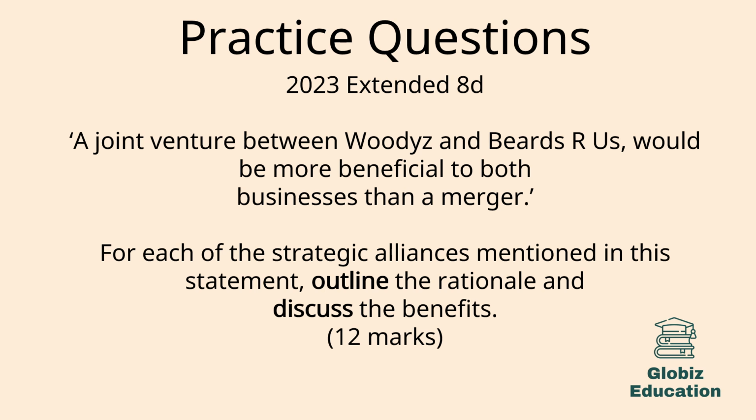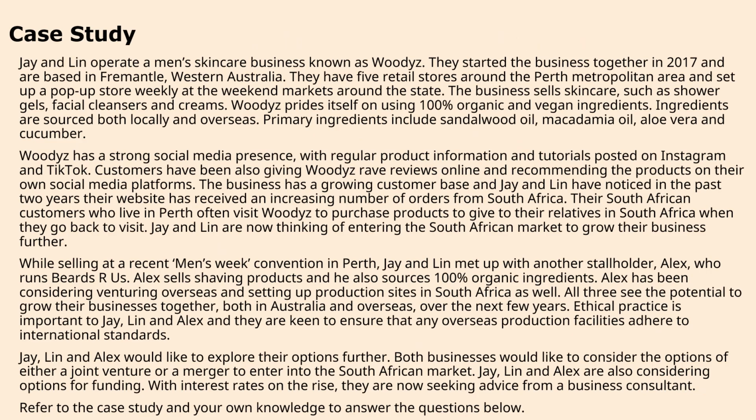You had to firstly outline the rationale for either a merger or a joint venture, and then also discuss the benefits of either a joint venture or merger. So 12 marks, a very substantial question, and I think this threw a lot of students off in the exam just because, if you're not full bottle on this topic, it was actually quite difficult.